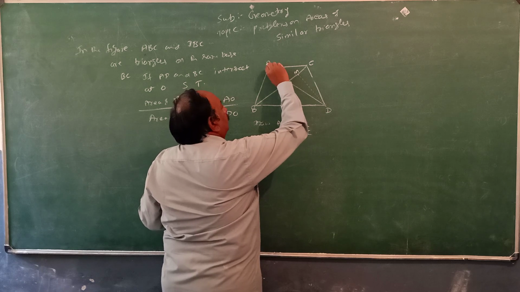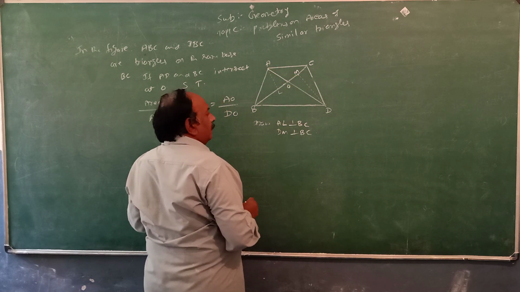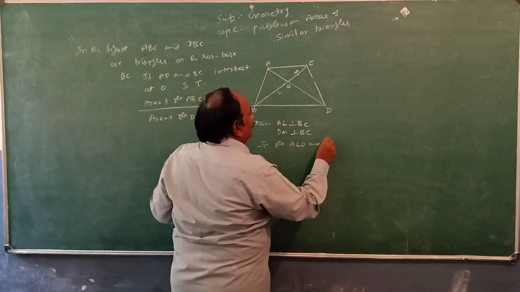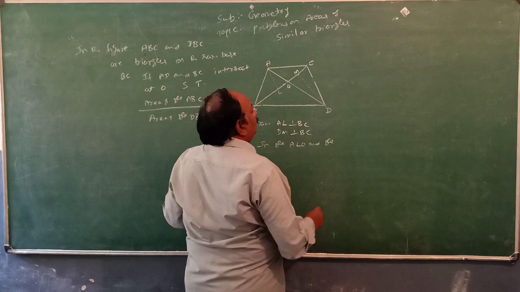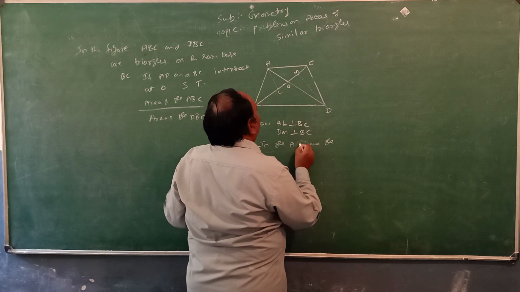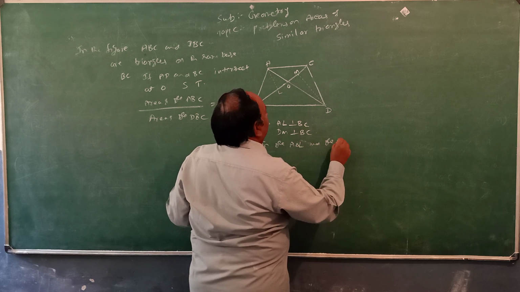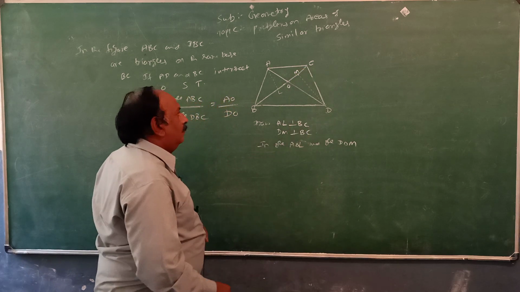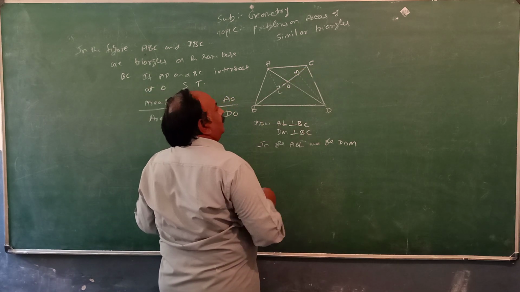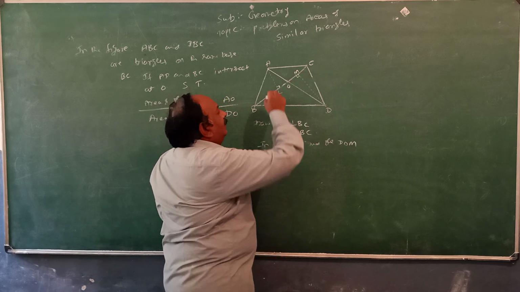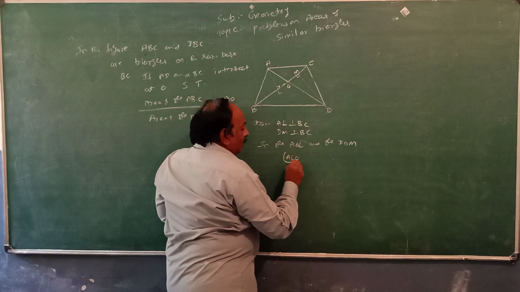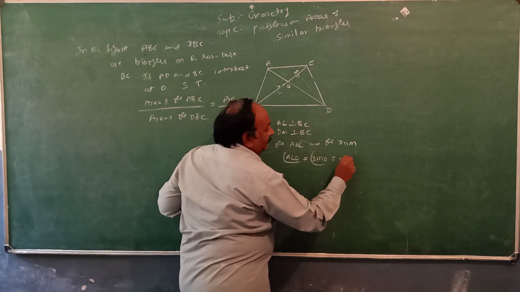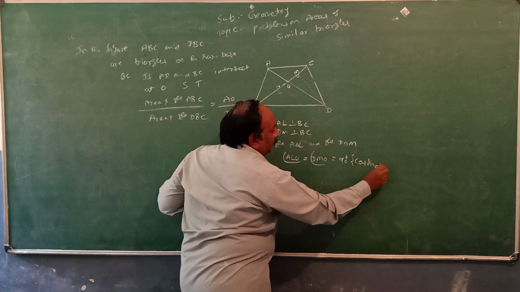Now when we observe triangle AOL and triangle DOM: AL and DM are perpendicular, so how many degrees? 90. Angle ALO is equal to angle DMO is equal to 90 degrees, because of construction.